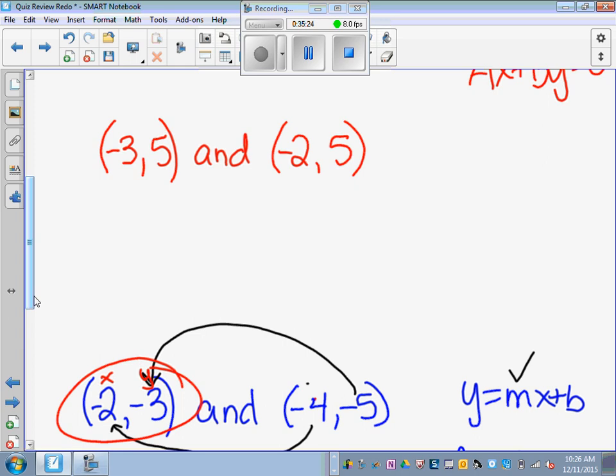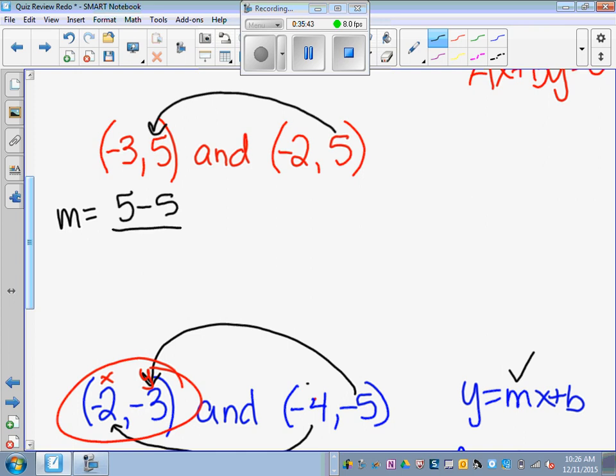What's my equation for slope? For just slope, the equation is y2 minus y1, so 5 minus 5, over x2 minus x1, negative 2 minus a negative 3.